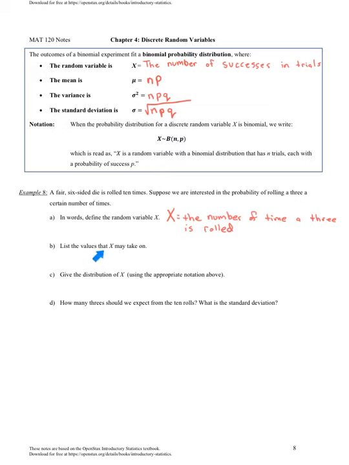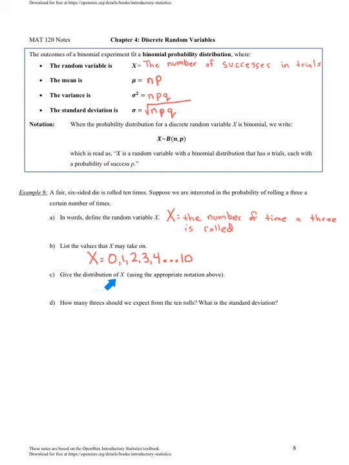List the values that x may take on. Well, x could take on 0, we might get no 3s, or we could get all the way up to 10 3s. So our random variable could take on any whole number from 0 to 10.